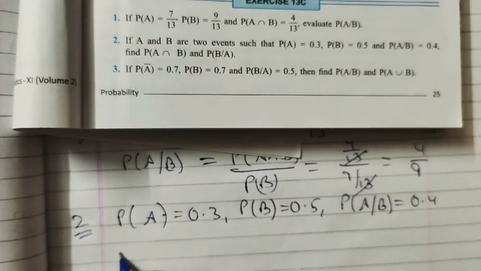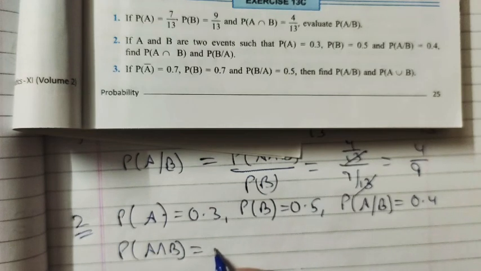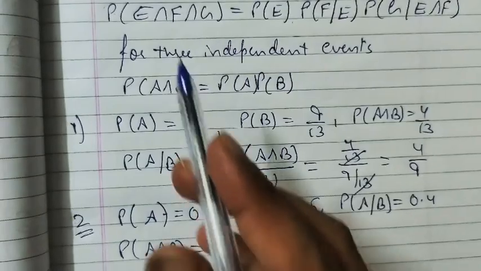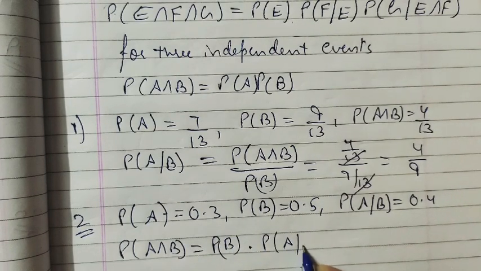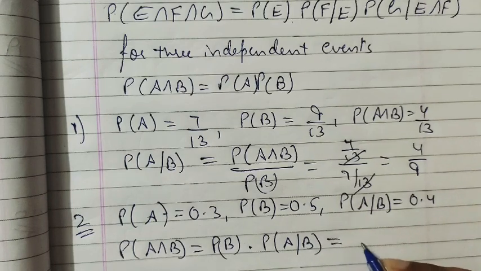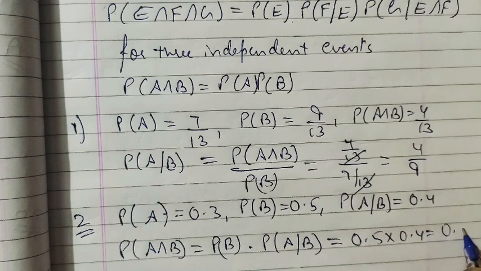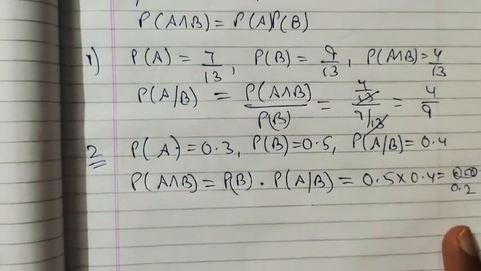So we have to find out probability of A intersection B. Probability of A intersection B can be given from this formula as probability of B multiplied by probability of A upon B, right? So probability of B is 0.5 multiplied by 0.4, which is 0.2. Okay, 5 times 4 is 20, so 0.2. So probability of this is 0.2.